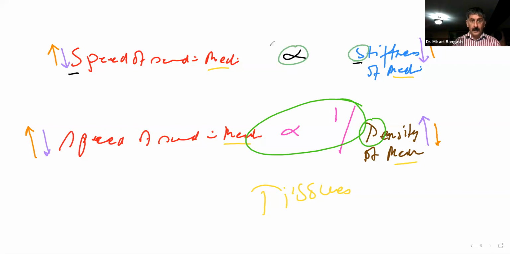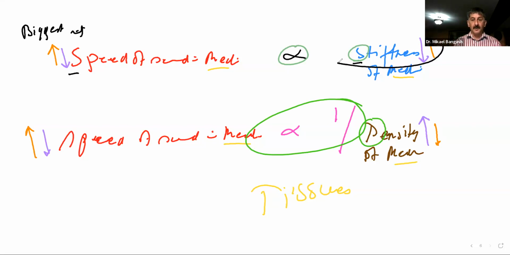So what is the main determining factor of a medium that has the biggest influence on the propagation speed?